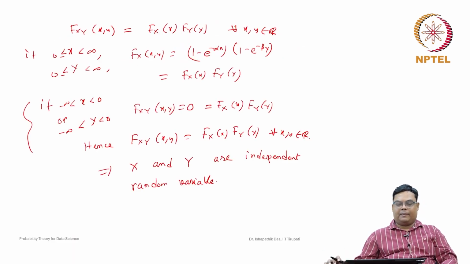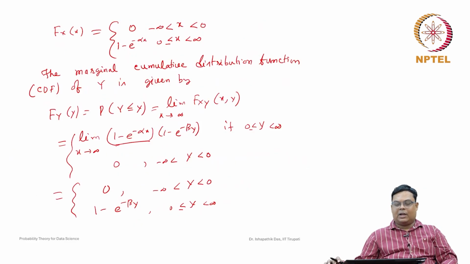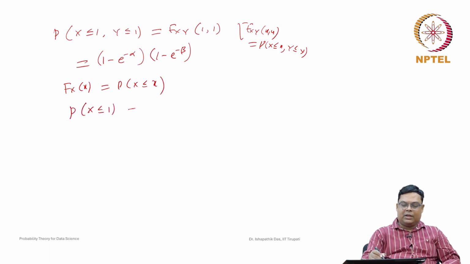So, this is straightforward. Now, the next question is to find the probability that X is less than or equal to 1. This is also the same, because we have to use the marginal cumulative distribution function, the probability of X less than or equal to x. Hence, the probability that X is less than or equal to 1 is nothing but F_X(1).